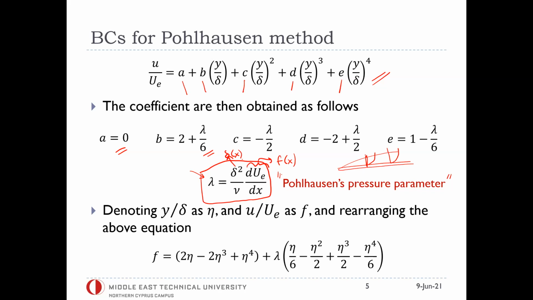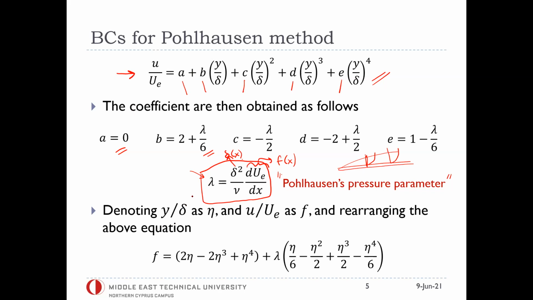So I need to start making use of the second part, or invoke the momentum integral equation. In order to do that, we need to do some mathematical manipulations to make the equation, meaning the velocity profile definition, look a little bit better.